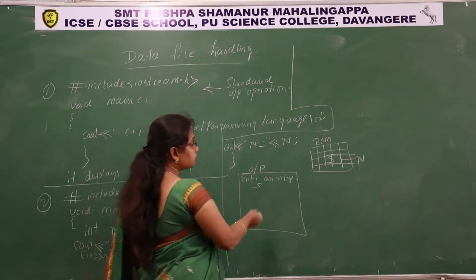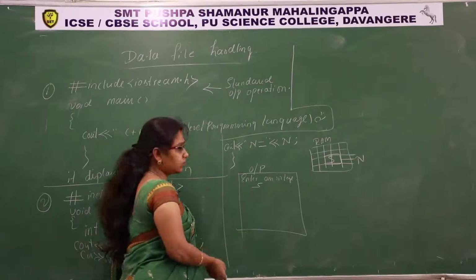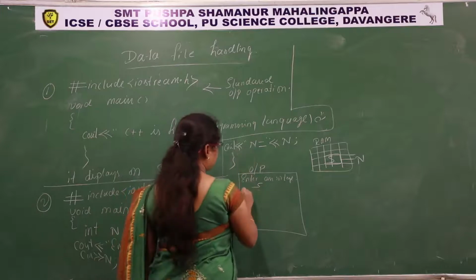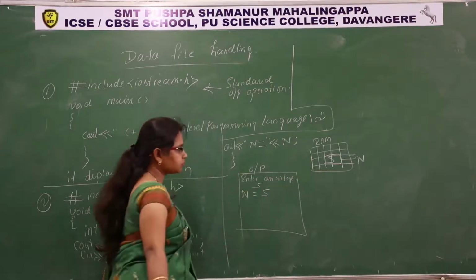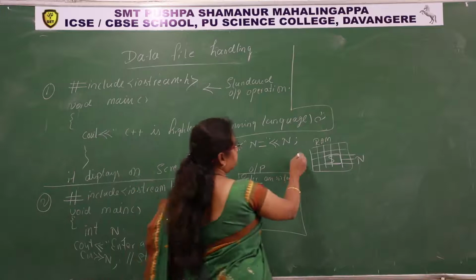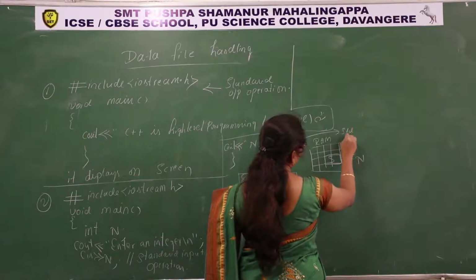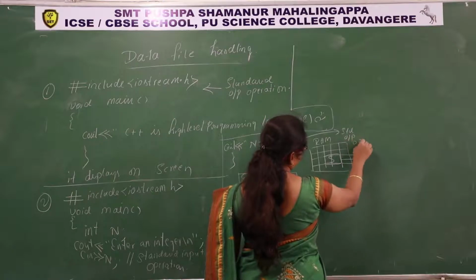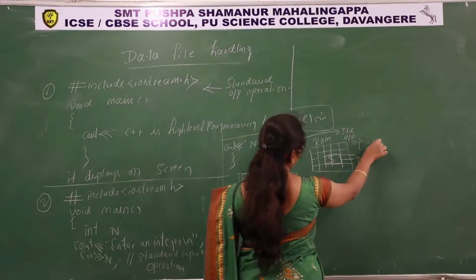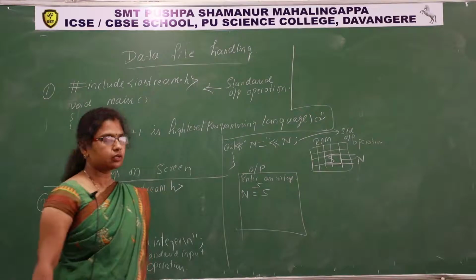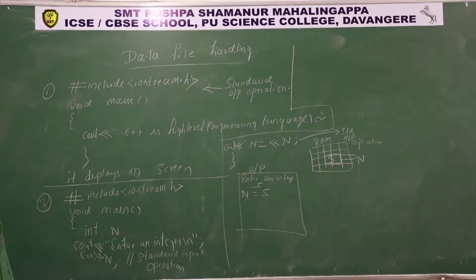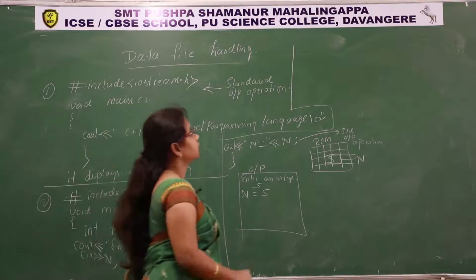The program has to display the content on the screen: n is equal to 5. This is the standard output operation. So in the second case, I considered both the standard input operation and the standard output operation.